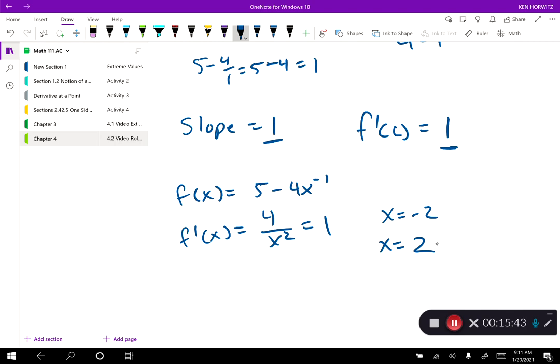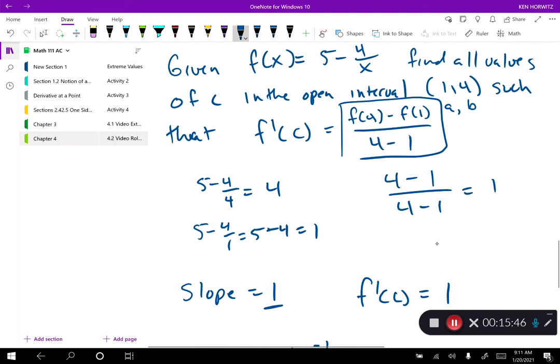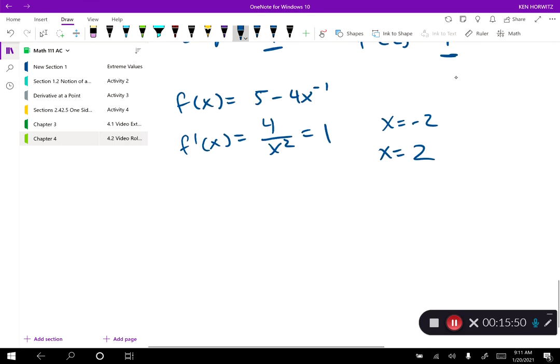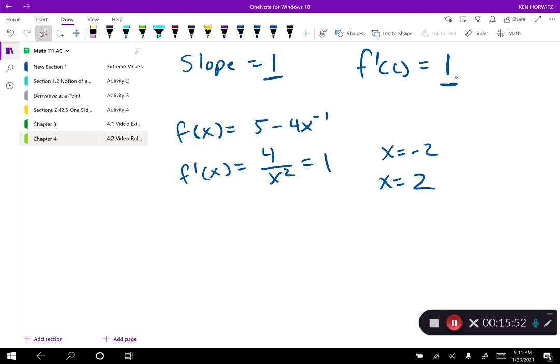Well, let's look back at our interval. Our interval is from 1 to 4, and one of these is in between 1 and 4. The other one is not. So if it's not in your interval, we can't use that number. So the answer is x equals 2.